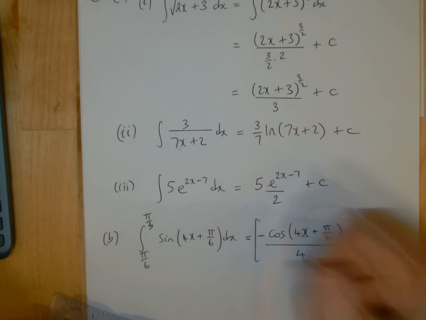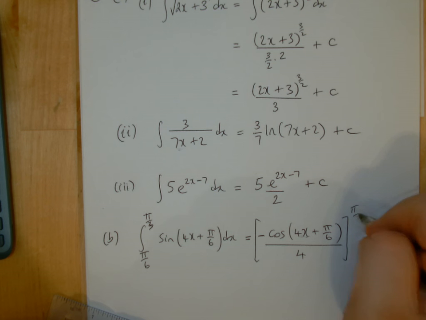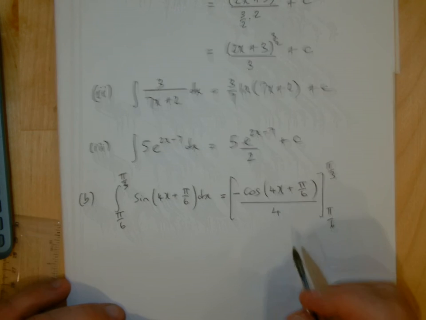So we then put our square brackets, because there's limits, between pi over 3 and pi over 6. It's a case then of subbing this in.